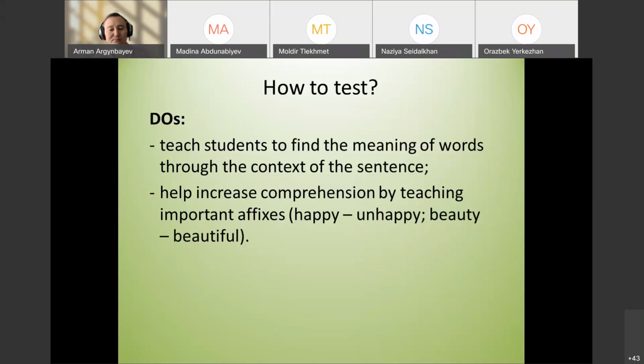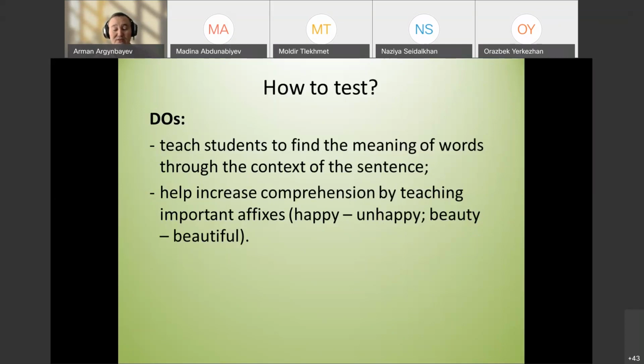Next one, help increase comprehension by teaching important affixes. Negative affixes, and affixes that make a noun, adjective, adverb. So happy, unhappy, beauty, beautiful, noun, adjective, and so on and so forth. So we should teach our students. Ideally, when we teach a new word, we should teach a family.